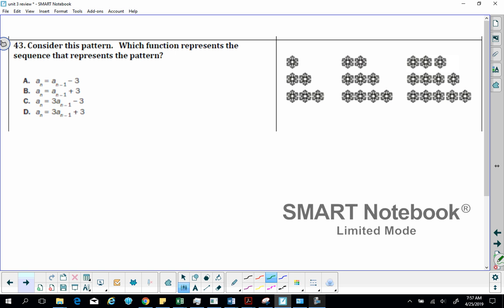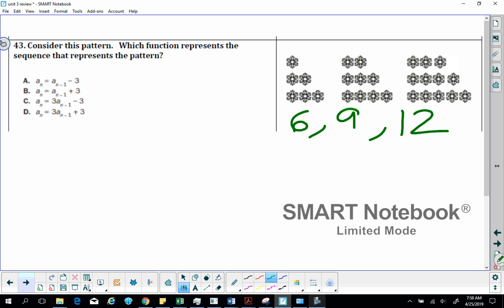Let's see. Do y'all need me to go over this? First, we look at the snowflakes. How many snowflakes are in the first one? Over here. 6. How many snowflakes are in the next one? 9. How many are in the next one? How many? 12. So that's my sequence.